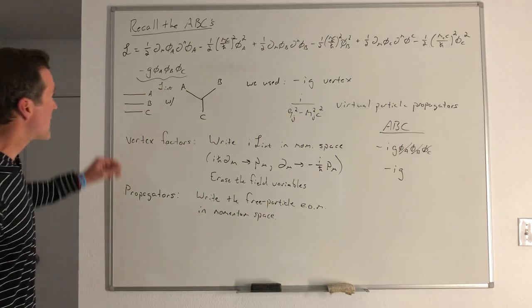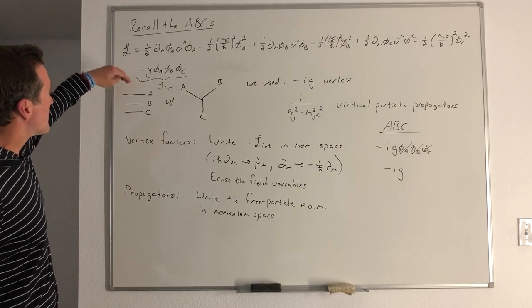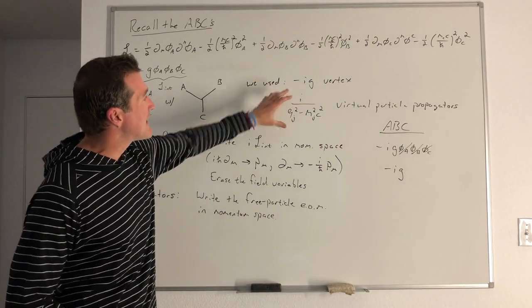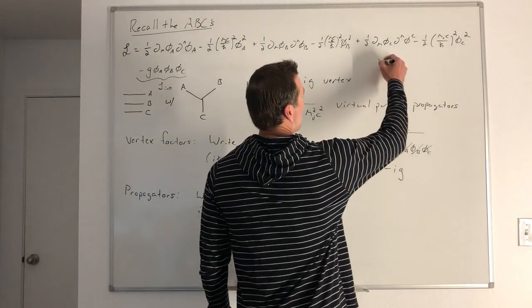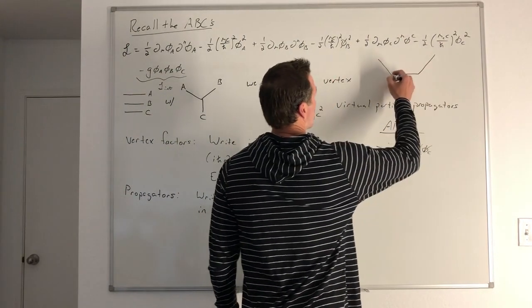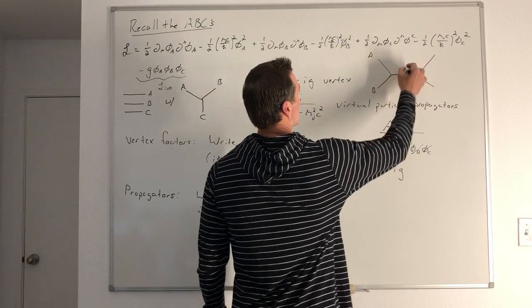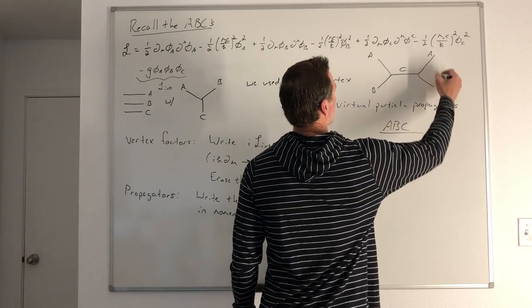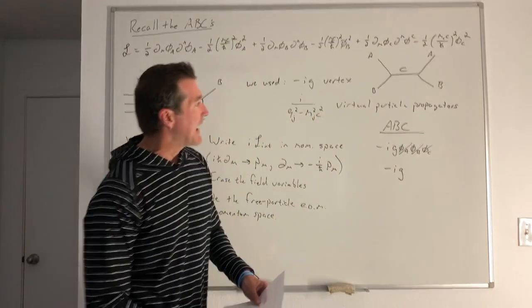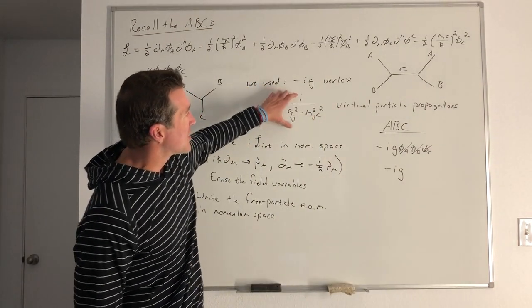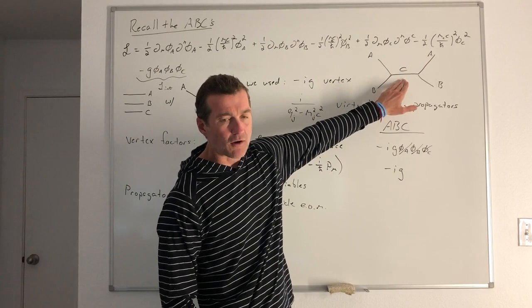Now let me remind you, a propagator term is what you write down when you've got a diagram, say like this. And you write down this term for all of the virtual particles that appear.